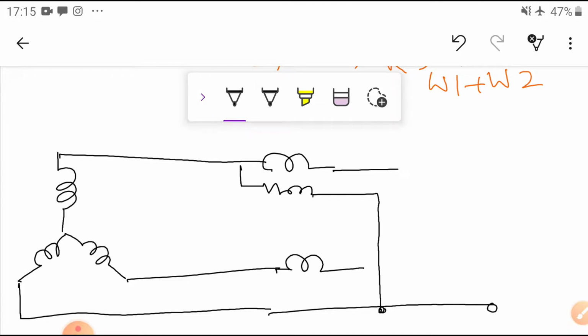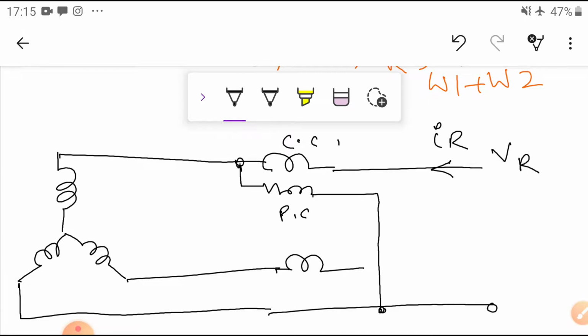Here connected this one. The current taken is IR, and we take the phase values for consumption. What is the CC coil? Current is flowing in this CC coil, and this is the PC coil. What is the CC coil current? IR. What is the PC voltage connected between?